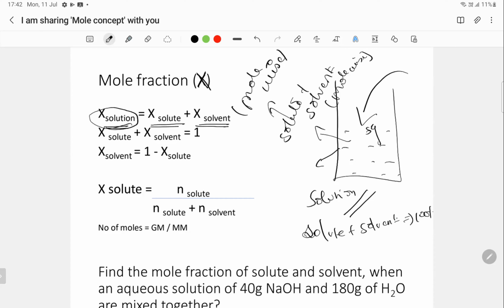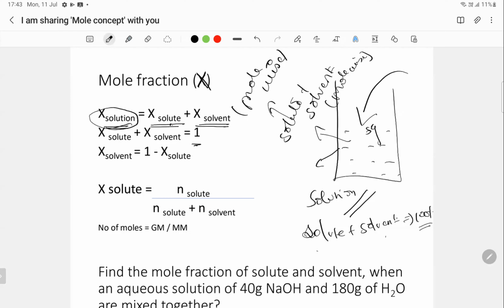We are writing it that way, so both things joined together make 100%. Here, not in terms of percentage, 100 divided by 100 is 1, right? So the mole fraction of the solution is equal to the mole fraction of the solute plus the solvent, and this will always equal 1.